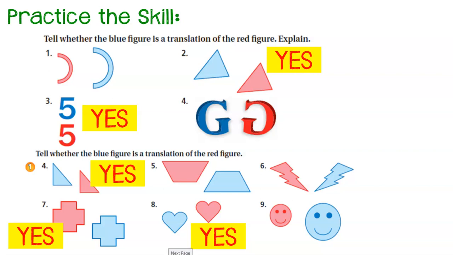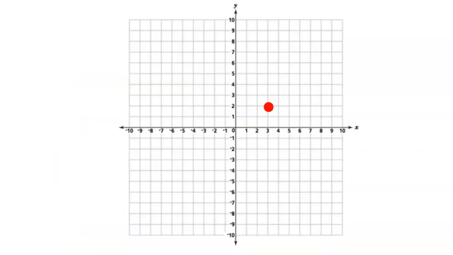All right, let's get into the actual math. I have a coordinate drawn on this set of axes. We're going to be taking our coordinates and sliding them, sometimes to the left, sometimes to the right.